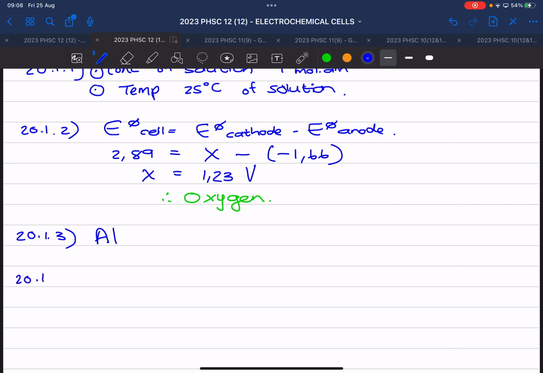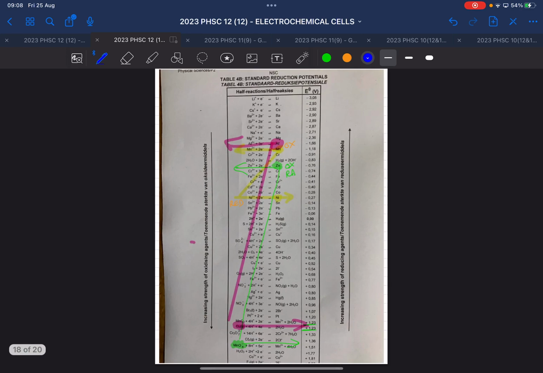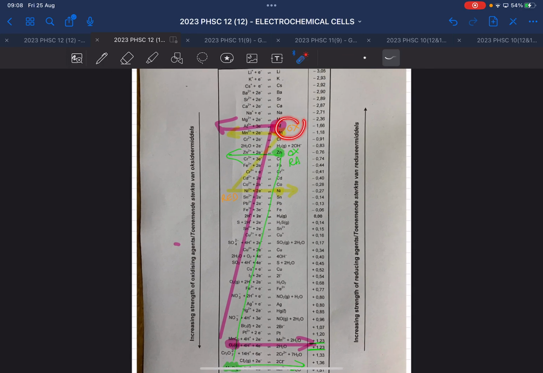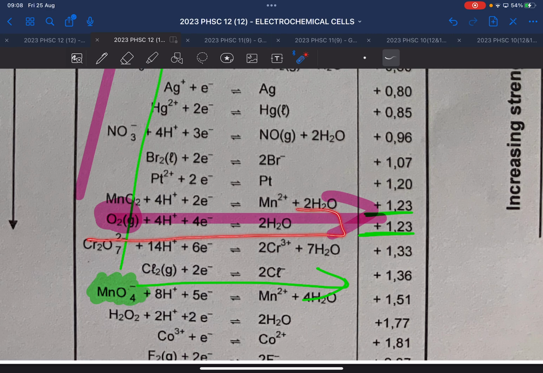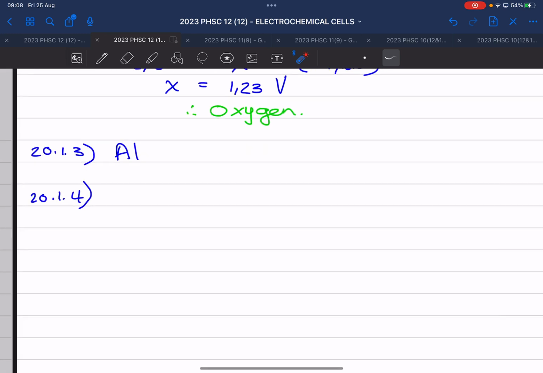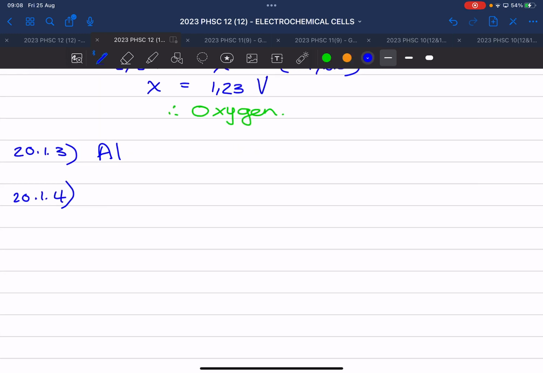Okay, 20.1.4 they ask, write down the half reaction that takes place at the cathode. Oxidation takes place at the anode. Reduction takes place at the cathode. So you are just going to copy this equation exactly like it is on table 4b. You don't have to remove anything or add anything. So you're going to say oxygen gas plus 4 hydrogen ions.